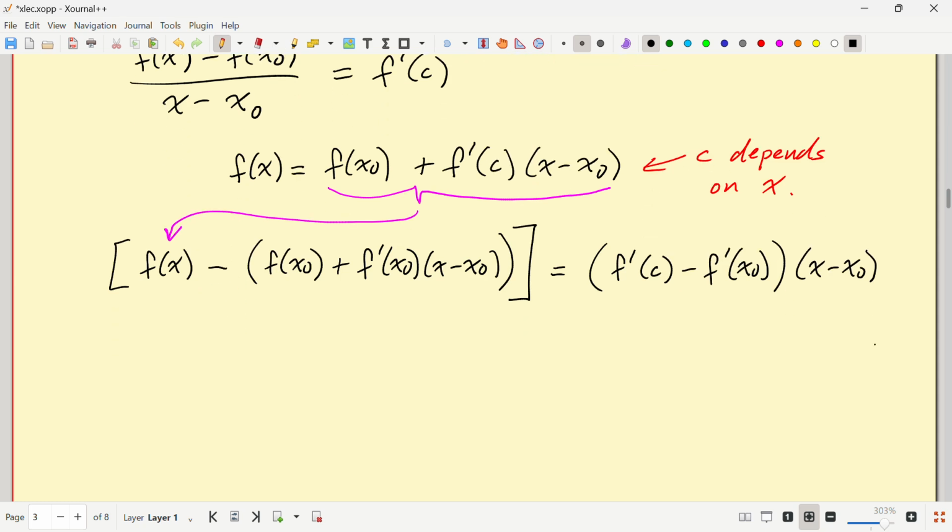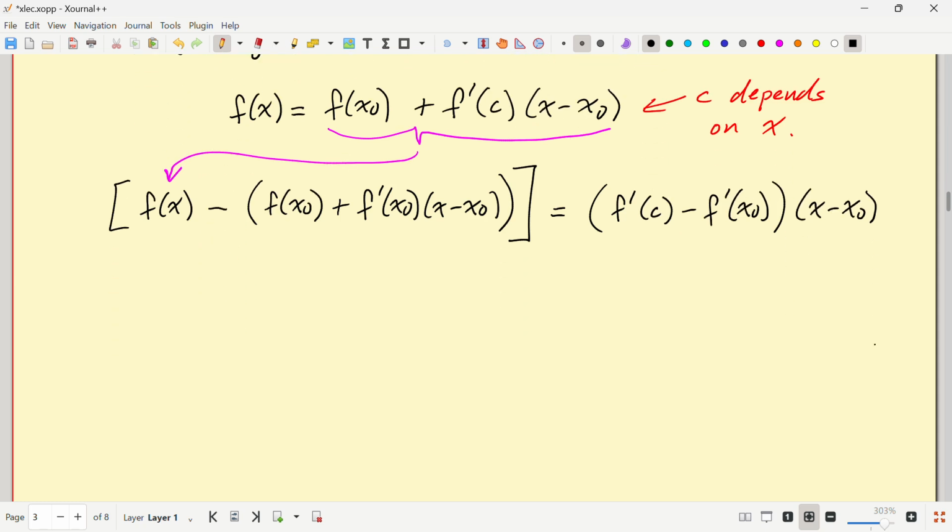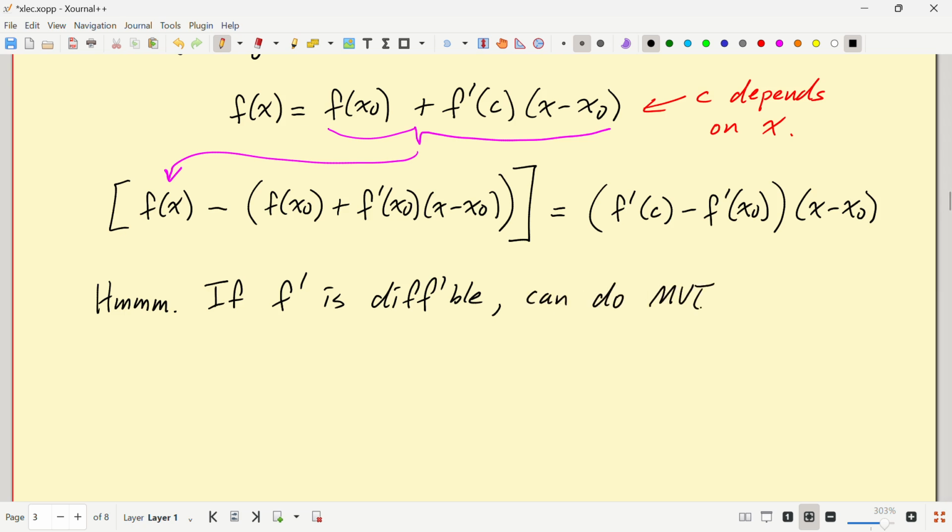In fact, let's think about it. This is just a way of playing around. If f prime is differentiable, I can do the mean value theorem again. What would I get?